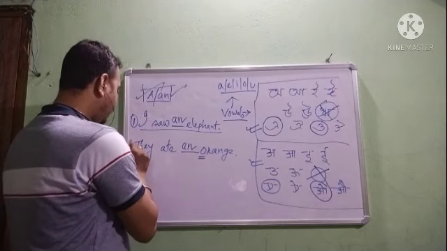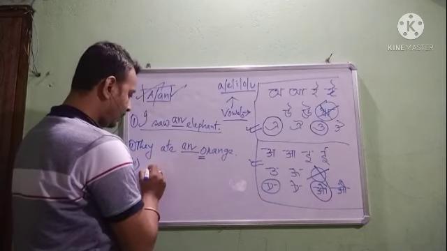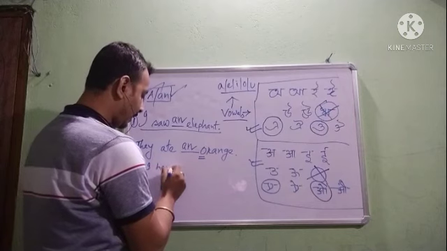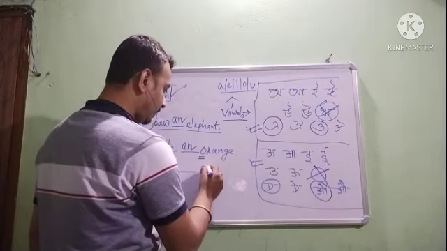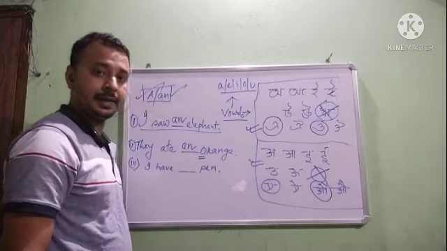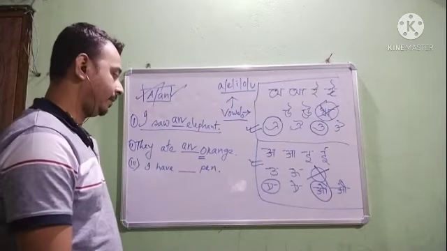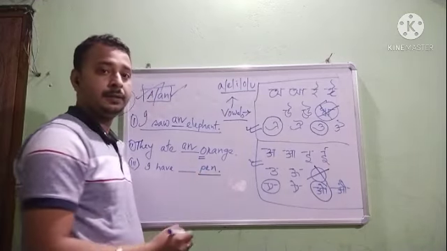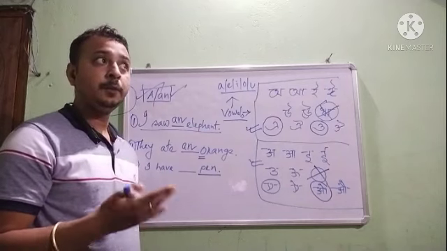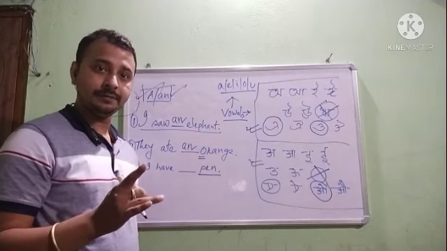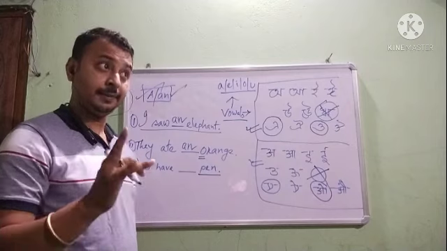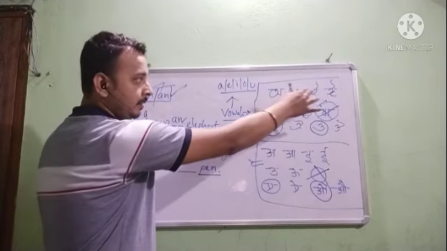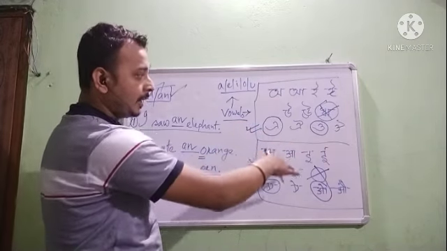Next, give me one more example. That is, I have dash pen. Here, when I say pen, you say pen, 'pa' is the first sound. Remember, pen, 'pa' is the first sound. So, is 'pa' here in this list?